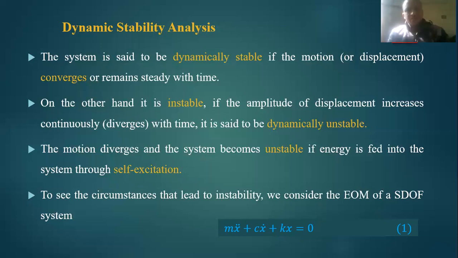What we are talking about is that the excitation force is derived from the system motion itself in the case of self-excitation. Because of that, this equation is a free vibration equation of a single degree of freedom system.